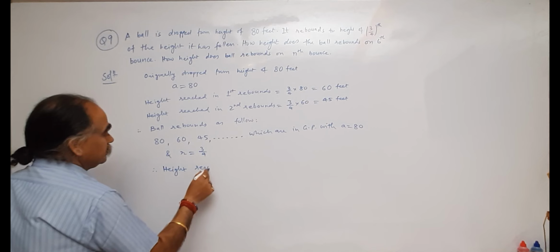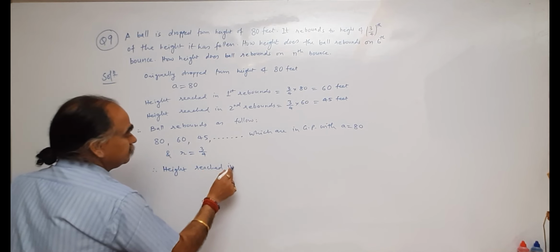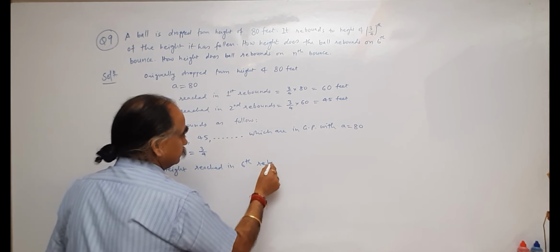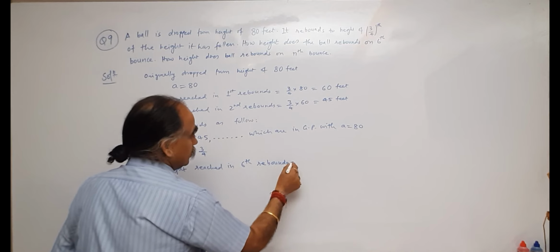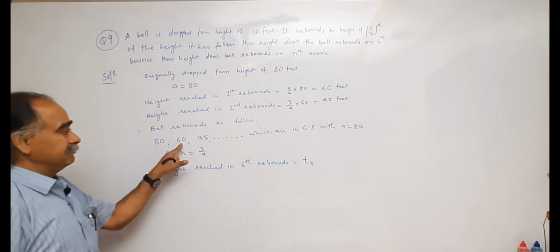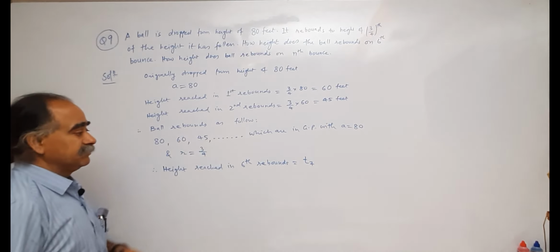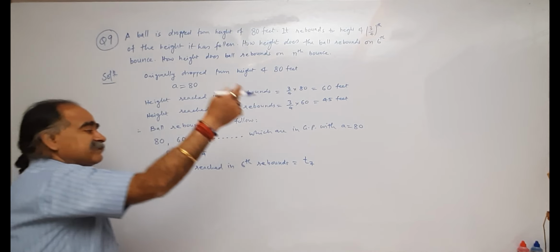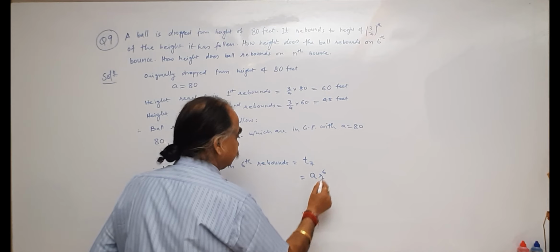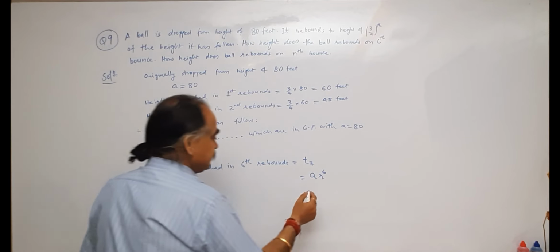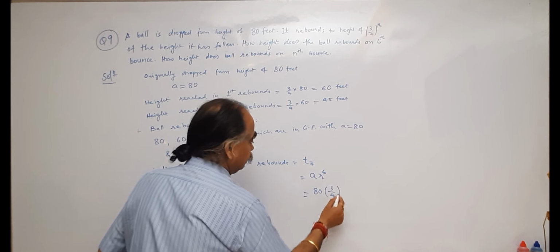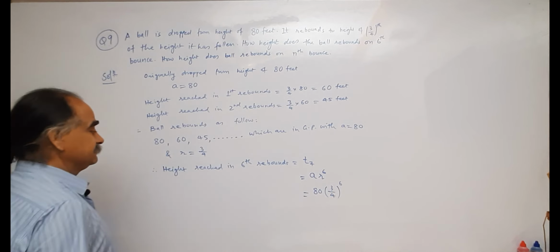reached in sixth rebound will be seventh term. First rebound means second term. Second rebound means third term. So sixth rebound will be seventh term. And seventh term of GP is what? A R raised to 6. A is 80 into 3/4 raised to 6 is the answer.